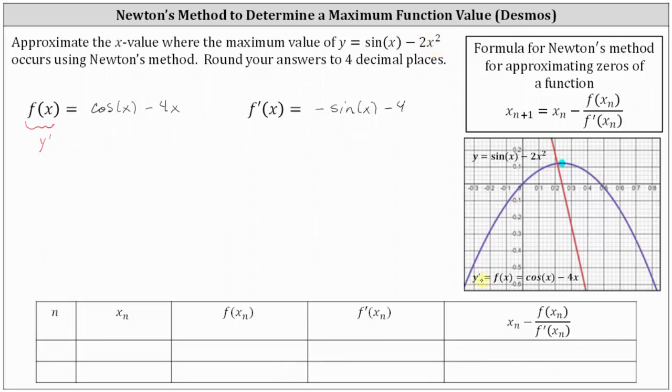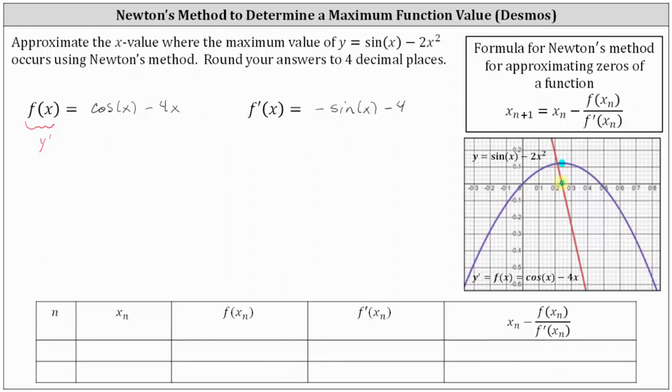So I've also graphed y prime, which we're using as f of x for Newton's method here in red, and notice how the 0 or x-intercept of the derivative function, or f of x, does give us the location where y has a maximum. So we're actually using the derivative function, or the red function, as our function f of x in Newton's method to determine where the original function y has a maximum.